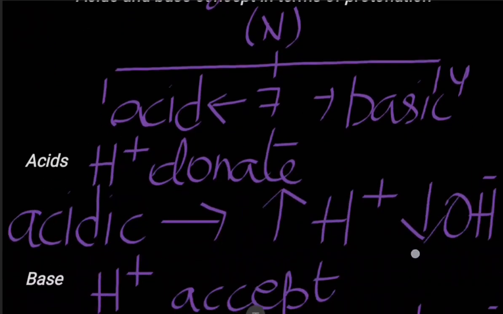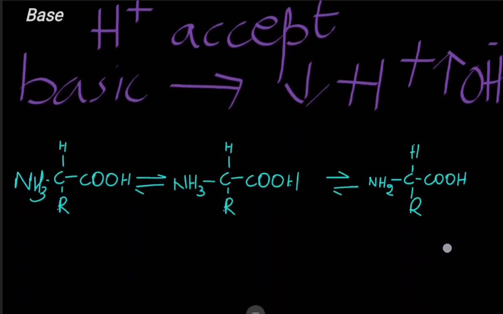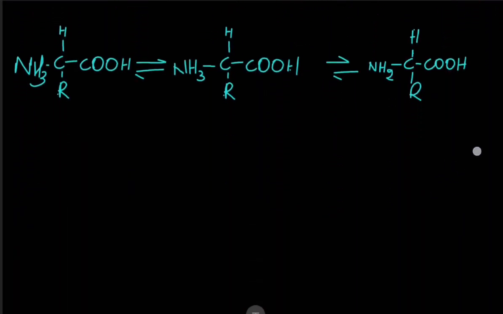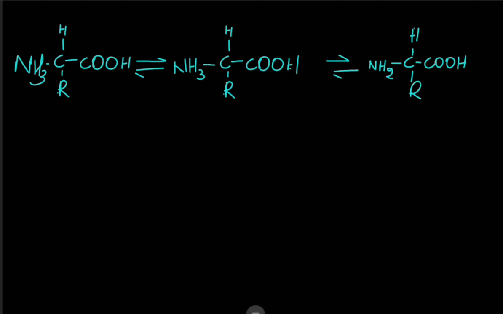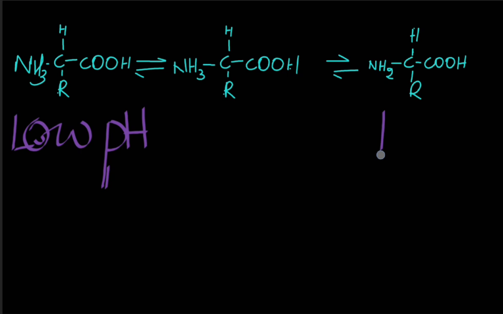Now let us see how a Zwitterion is formed. So I've just drawn a basic amino acid. So let's take an example of this one. So suppose I say that this is in low pH, right?